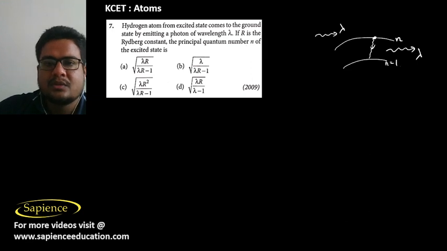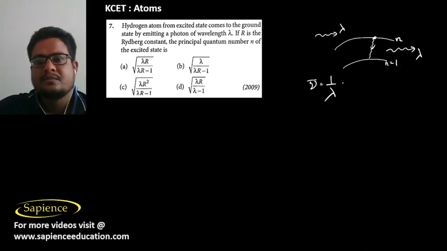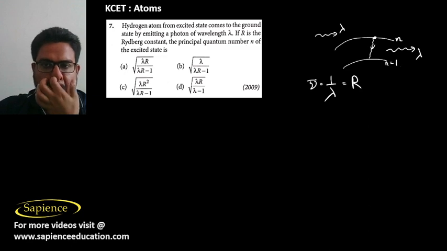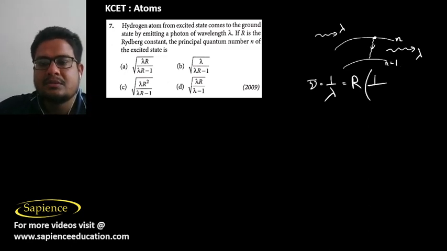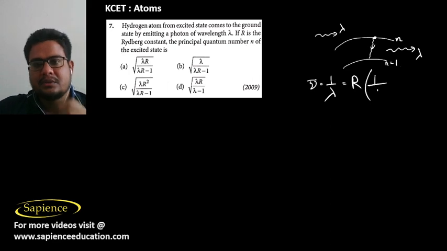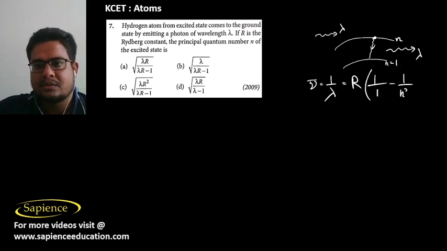Here we know that the wave number nu bar, which is 1 by lambda, is equal to R Z square into (1 by n1 square minus 1 by n2 square).